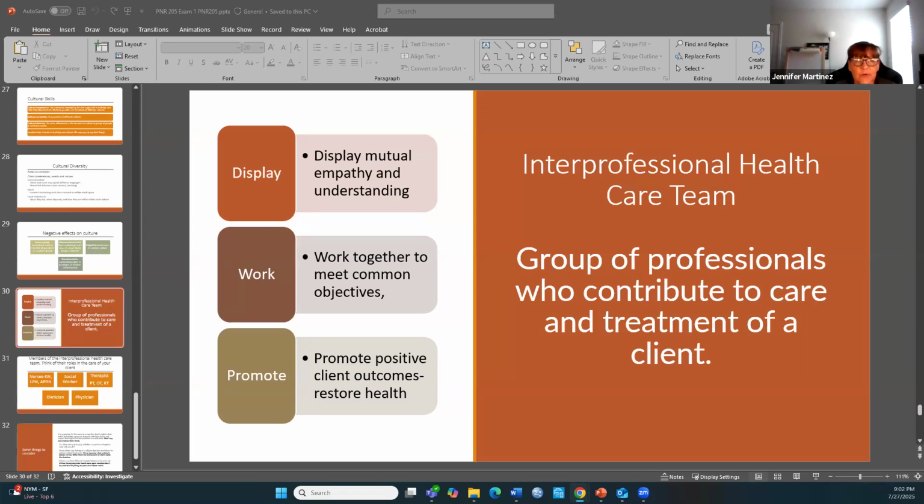And in a hospital, all of the same, but then you may also have respiratory therapy, or a case manager in addition to that social worker. So it is a group of people who all contribute to the care and treatment of a specific client, and they will all have specific interventions and implementations that they will perform in conjunction with that client.